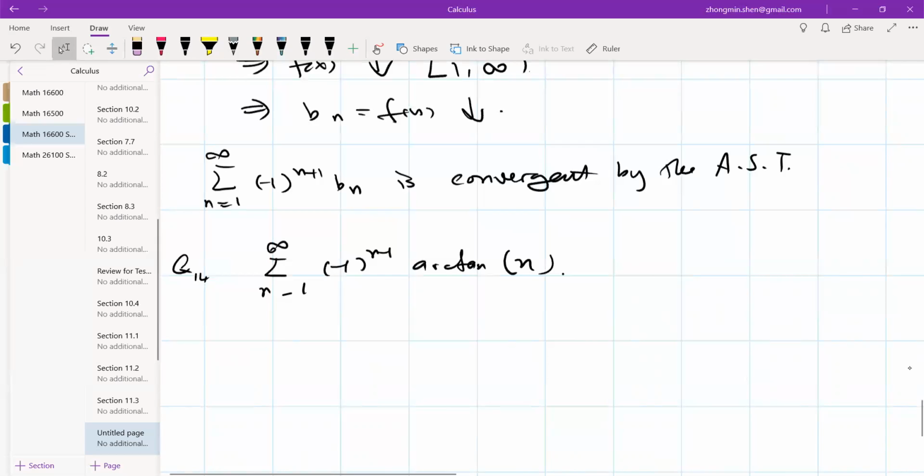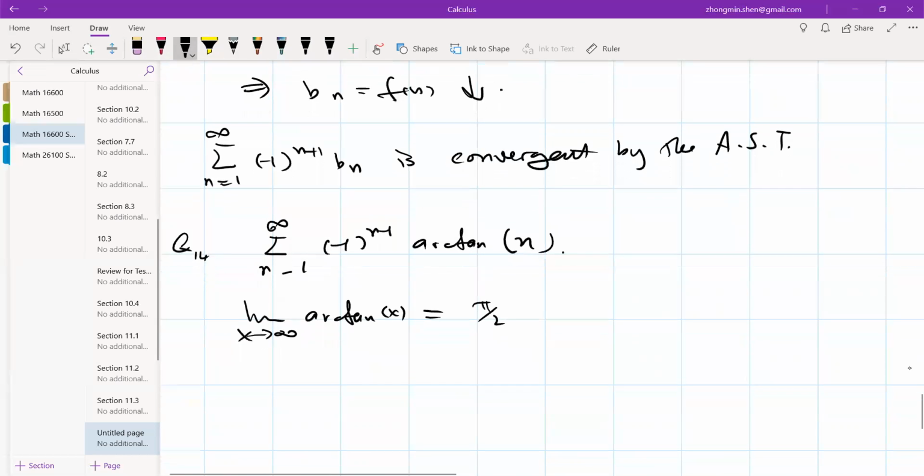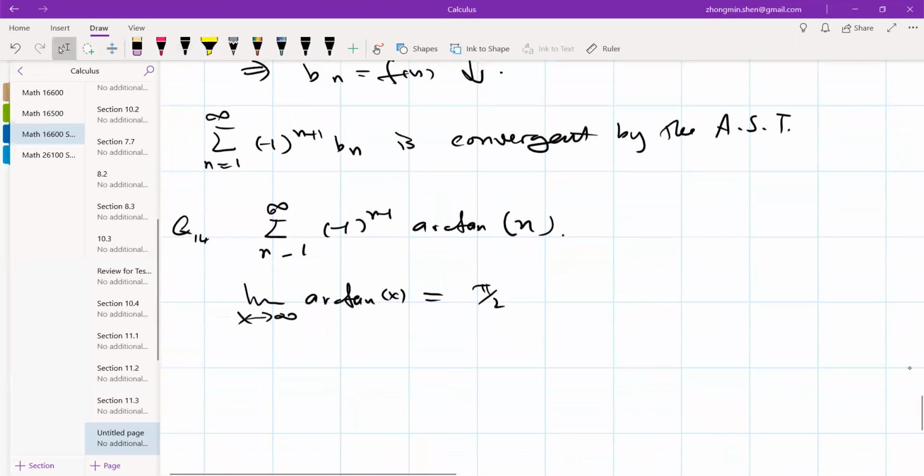Is it convergent or divergent? Divergent. The reason it's divergent is that you should know this limit is going to be pi over 2, so it's not going to be 0.